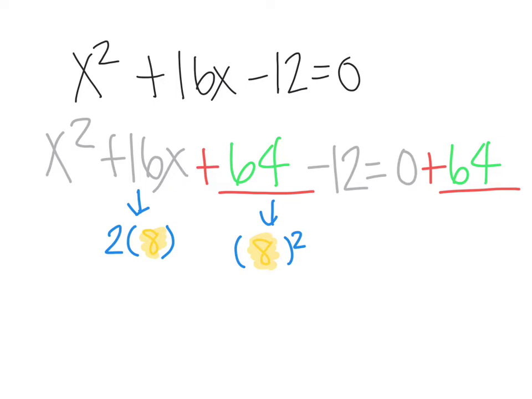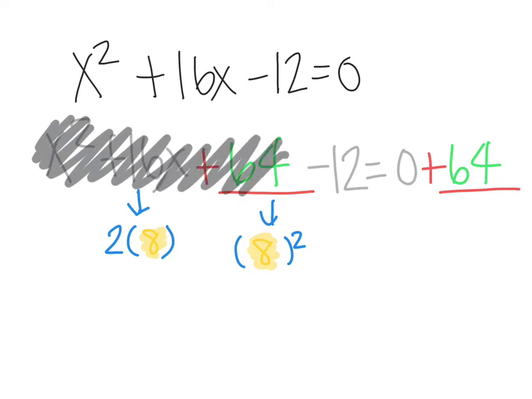Now I have a new problem that says x squared plus 16x plus 64 minus 12 equals 0 plus 64. And remember that this x squared plus 16x plus 64 is going to factor really nicely into x plus 8 squared.